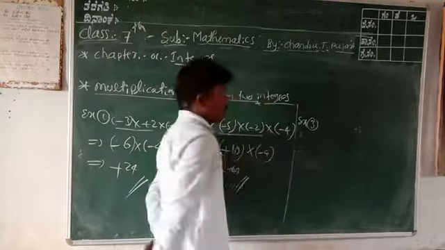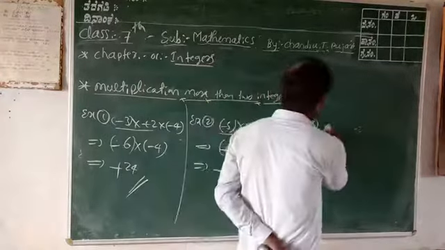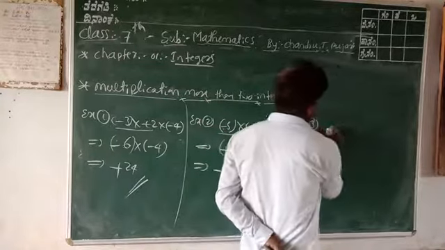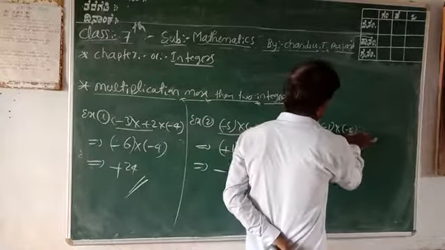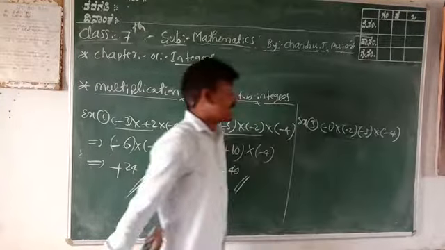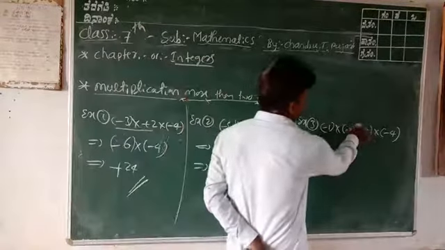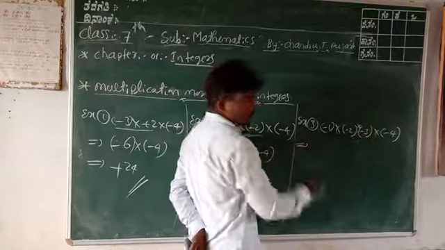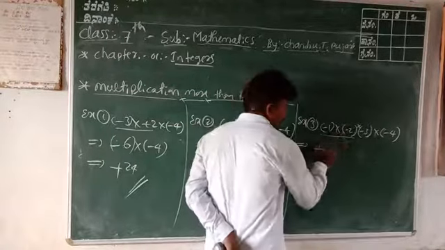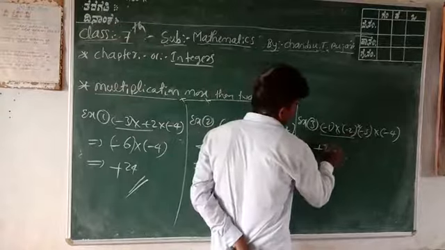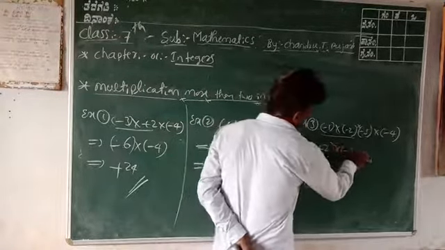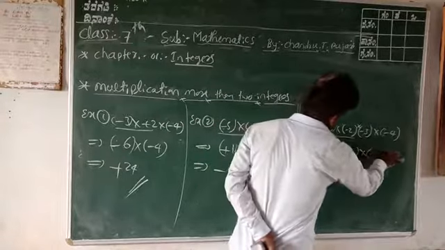Example number 3, more than 2 integers: minus 1 into minus 2 into minus 3 into minus 4. There are 4 integers here. Start with the first 2 integers: minus into minus is plus, 1 2s are 2. Again write the rest as it is, into minus 3 into minus 4.